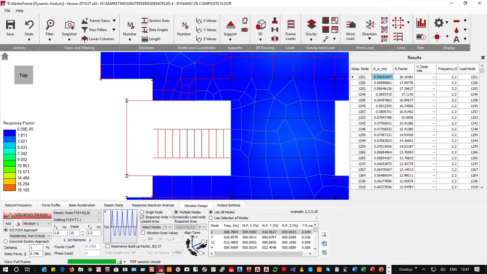Has the model been designed to work for static criteria? Well, this exercise is just to do with comfort in the building. It's to do with whether or not people are aware of vibrations from one area and the other.